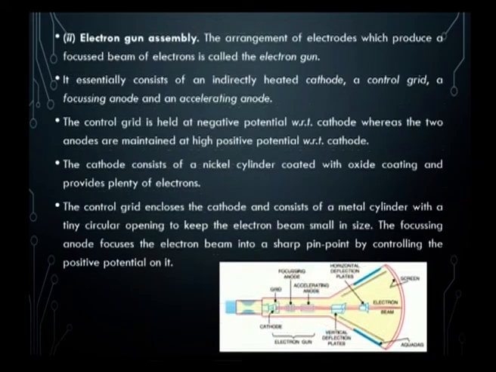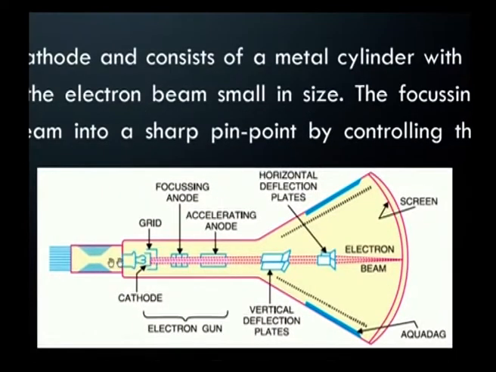The next part will be the electron gun assembly. The electron gun assembly typically consists of four things. One is the cathode, which is enclosed with the grid, also called the control grid, and the other two are the focusing anode and the accelerating anode.